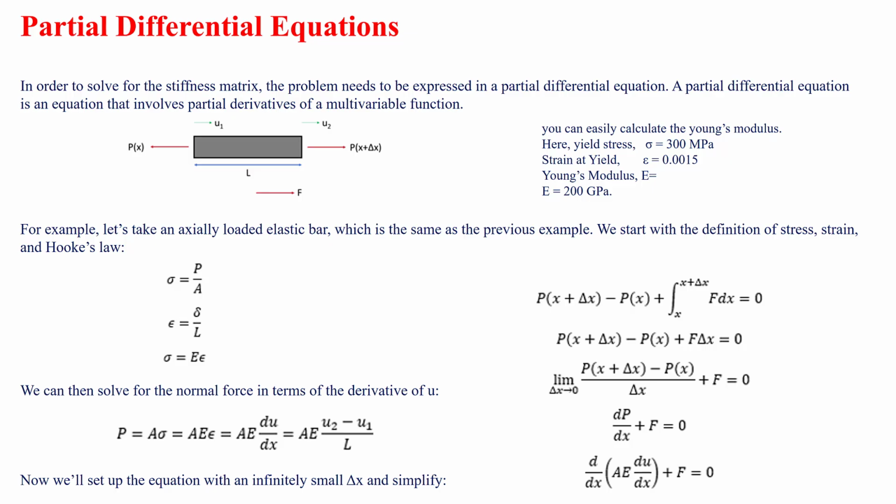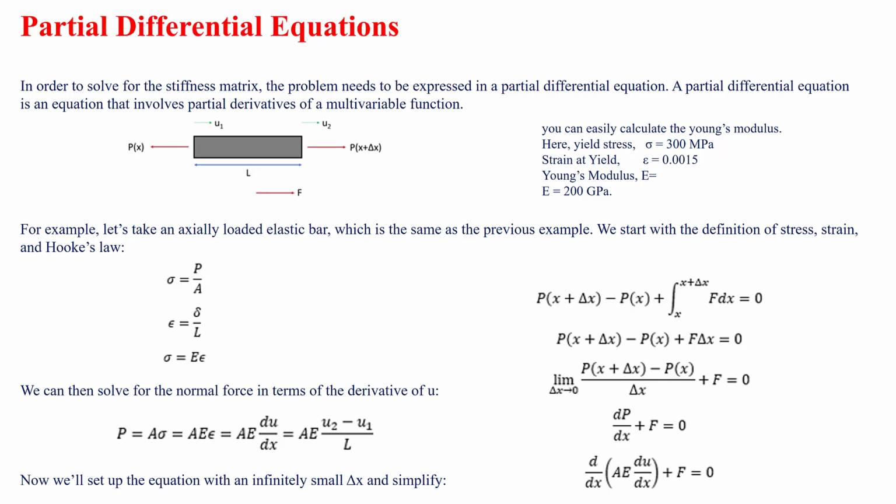This particular equation involves the partial derivatives of multivariable functions. If you consider the basics, let's say I consider a simple bar with an axial loading condition, which will follow Hooke's law under the elastic limit.